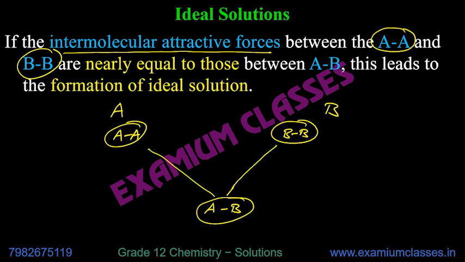So AA and BB are nearly equal to those between AB, means all three will be nearly equal to each other.